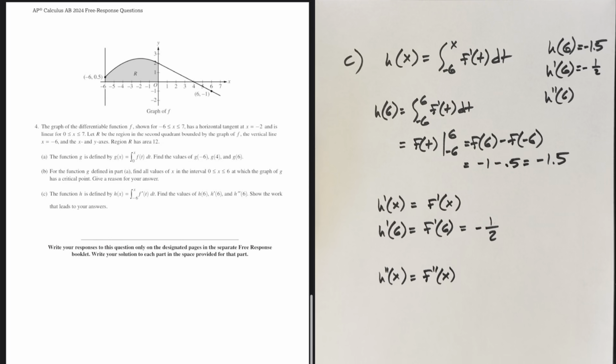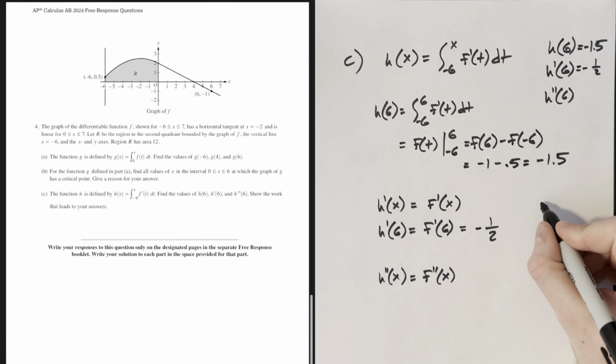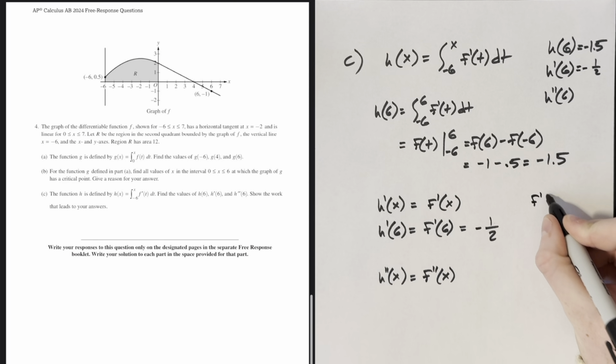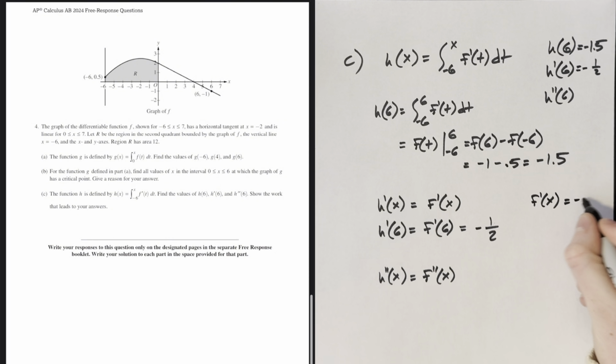Now we're in this spot where we don't really have a way to solve for a second derivative because we don't have a value of a function. But there's an important thing that we talked about earlier, in that our derivative is constant, right? We said that from 0 to 6, f prime of x will equal -1/2 for all values from 0 to 6, because it's a line, so our slope is constant.